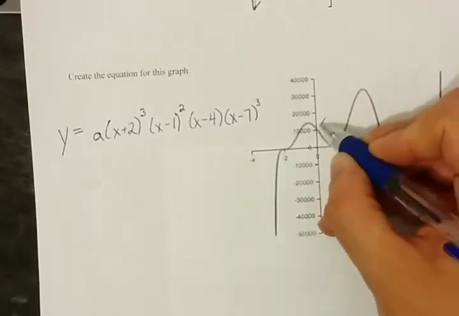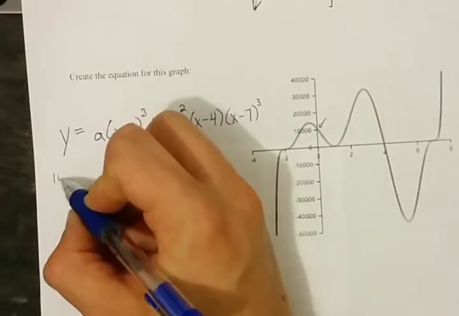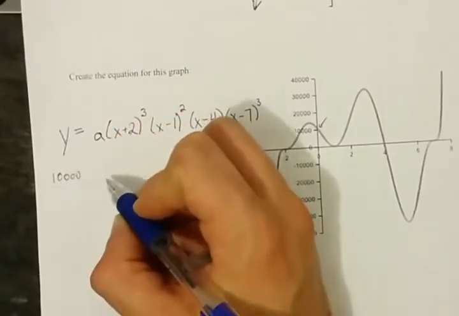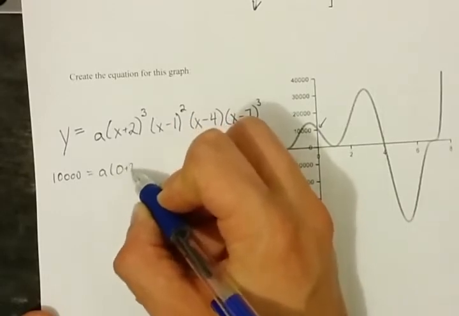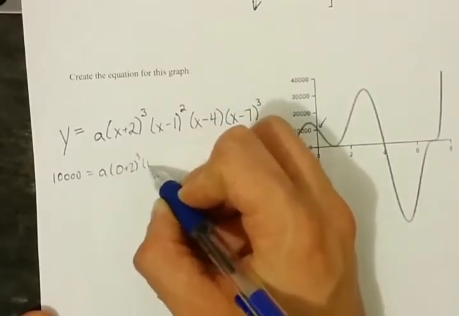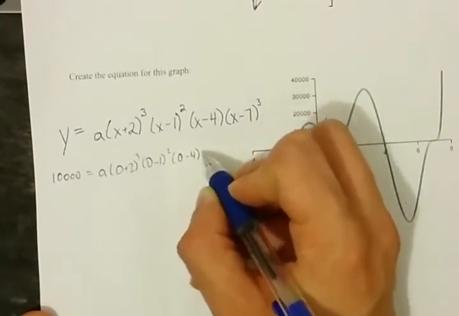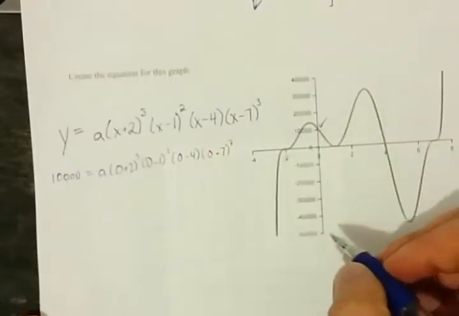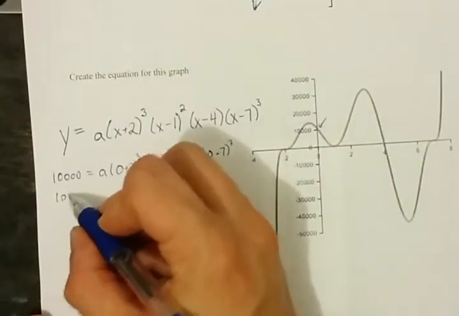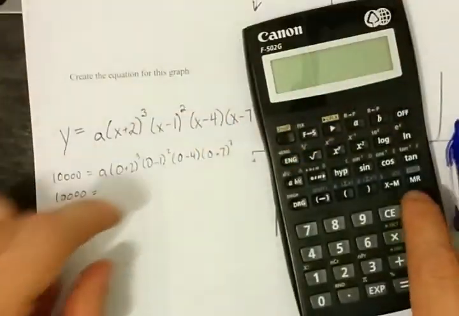Let's say this is a point here, 0, 10,000, which means my y is 10,000, and all of my x's are 0. 0 plus 2 to the 3, 0 minus 1 squared, 0 minus 4, 0 minus 7 cubed. We can do all that math. 10,000 equals, yeah, I don't feel like doing that myself.